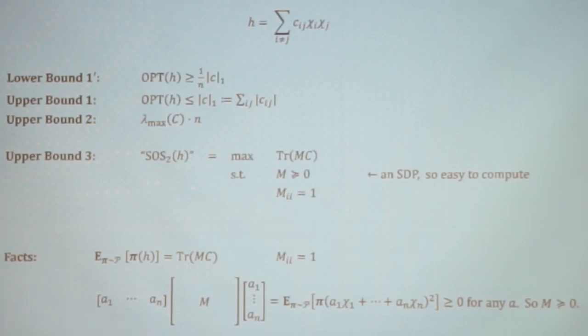And this is an example of a semi-definite program, and it's known that you can solve them in polynomial time, so this optimal value is easy to compute. So it's an easy to compute upper bound on the optimum.